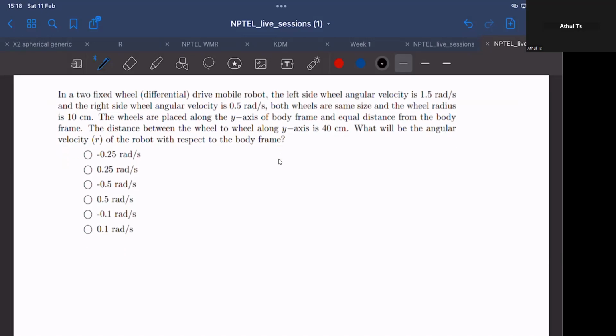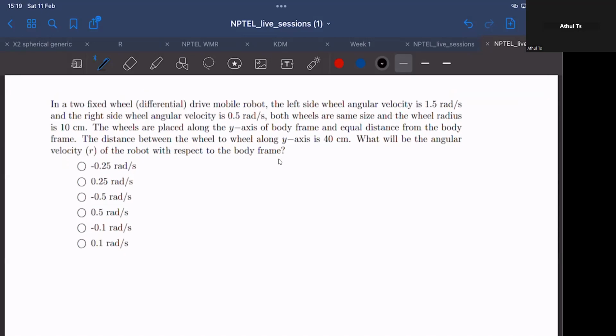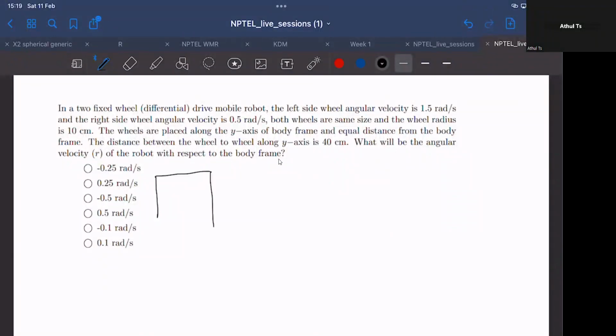As per the question, we have been given some data. We have been given the left side wheel angular velocity. If we consider this to be the left side and this to be the right side, we also have a body fixed frame attached, X and Y. This is the body fixed frame.